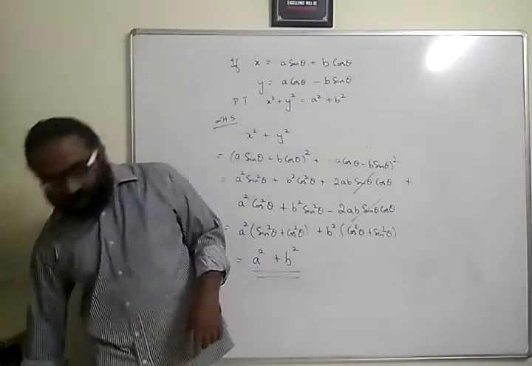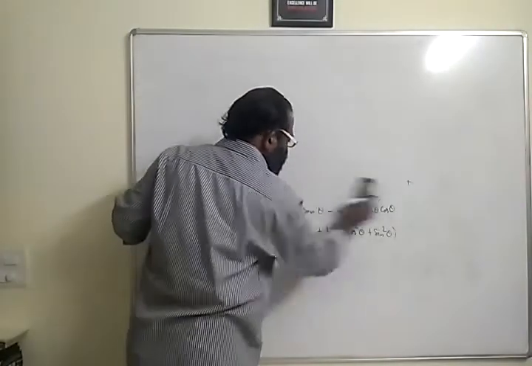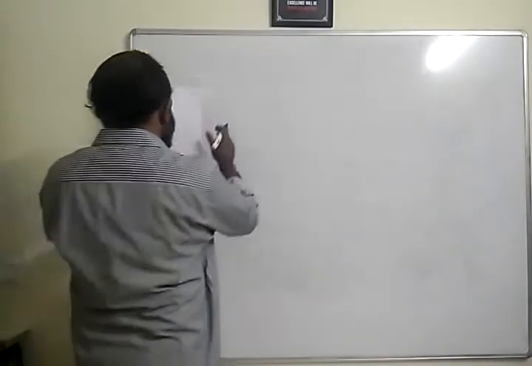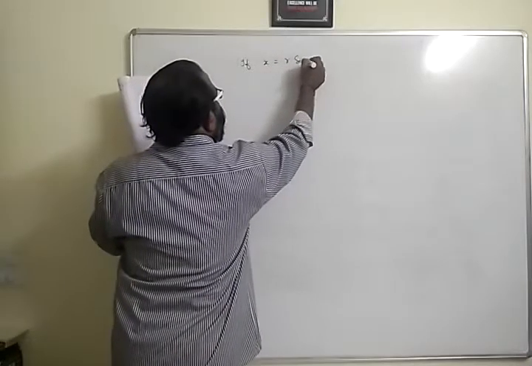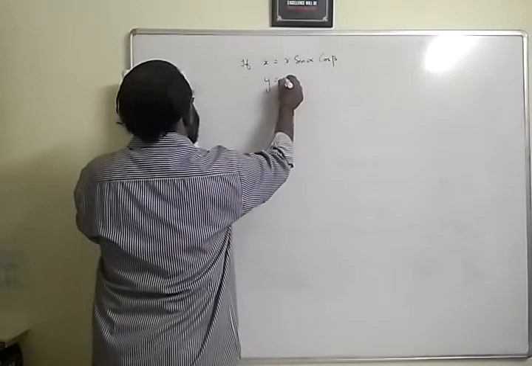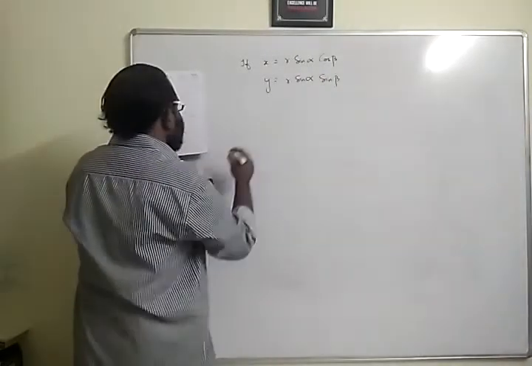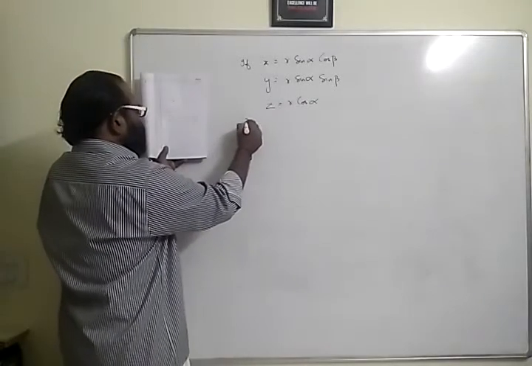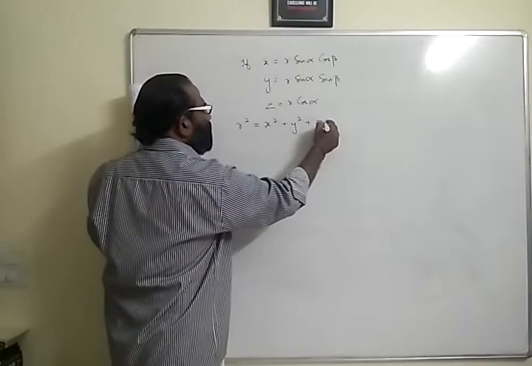Now let us look at the third question. So the third question says, if x equals r sine alpha cos beta and y equals r sine alpha sine beta and z equals r cos alpha, prove that r squared equals x squared plus y squared plus z squared.